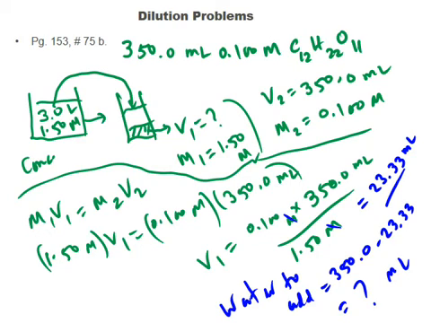So basically you take 23.33 ml of concentrated solution and add water to get 350 ml. We have some measuring cylinders or bottles which have the capacity of 350 ml. So it'd be a lot easier to do this kind of experiment using one of those containers. So you add 23.33 and then add rest of the water to get 350 ml.